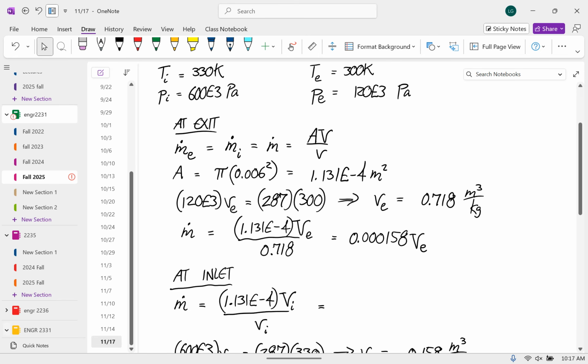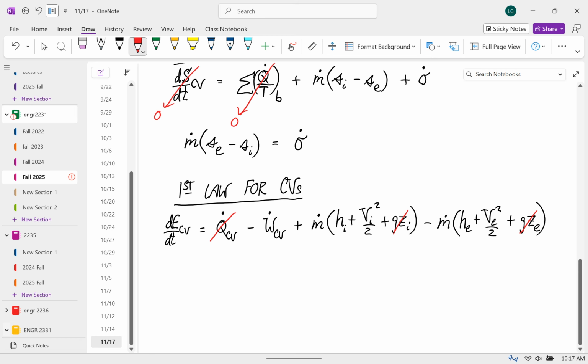This is just a pipe. It's a rigid thing, so there's no work of expansion. There's no mention of any rotating shafts or electrical power. So that's 0. Steady state means this is 0.